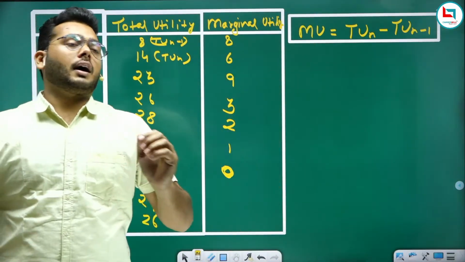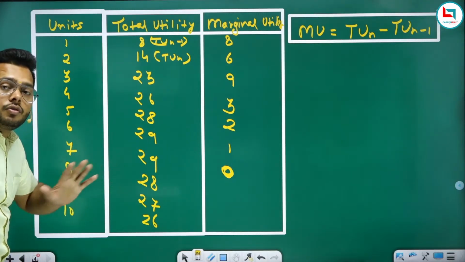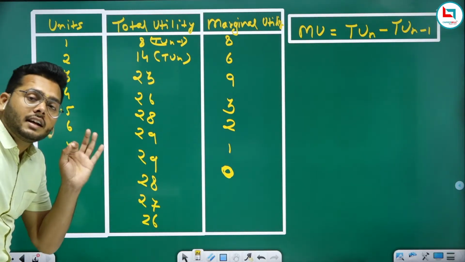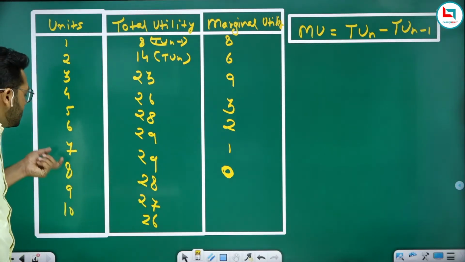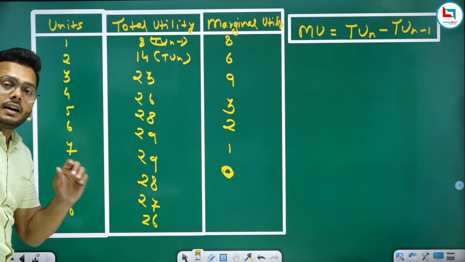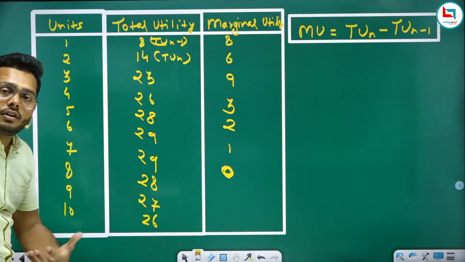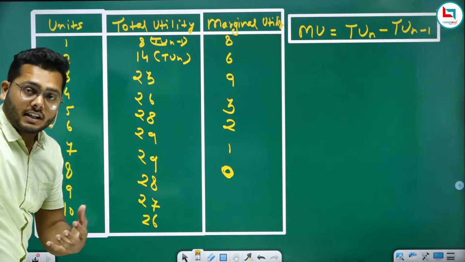Now after this 7th unit, you will not get any further satisfaction. It means you are totally full. If you are eating food, at the initial level you will be very hungry, that is why you will feel much satisfaction.